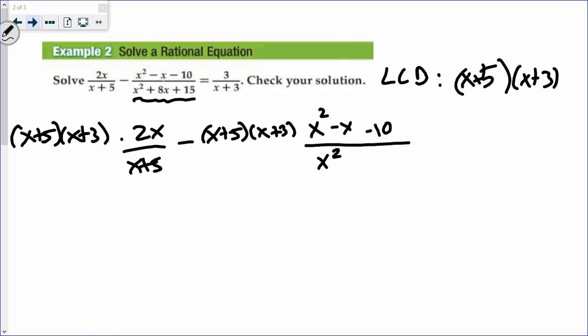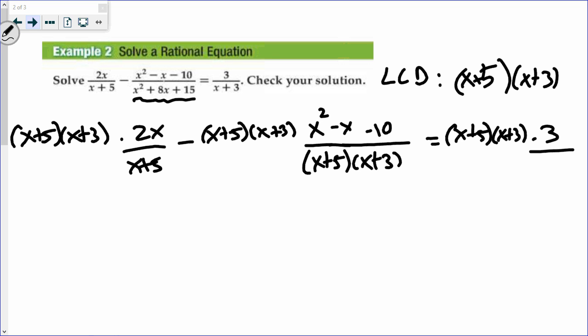Well, let's write it as its factored version, see how both will cancel. This x plus 5, x plus 3 when we factor that denominator, all equal to x plus 5 times 3 over x plus 3.